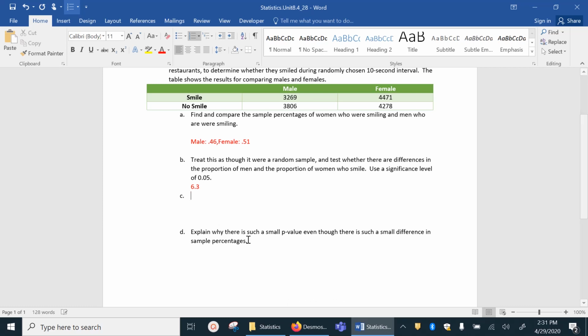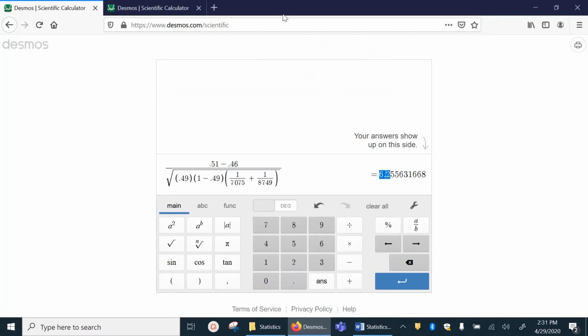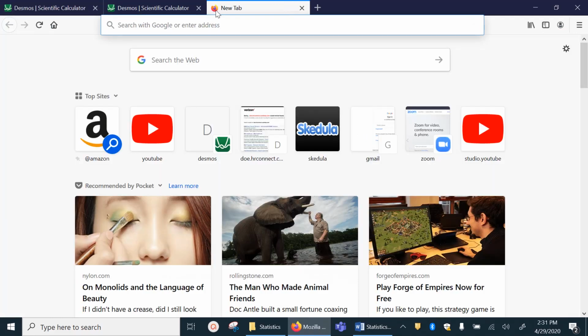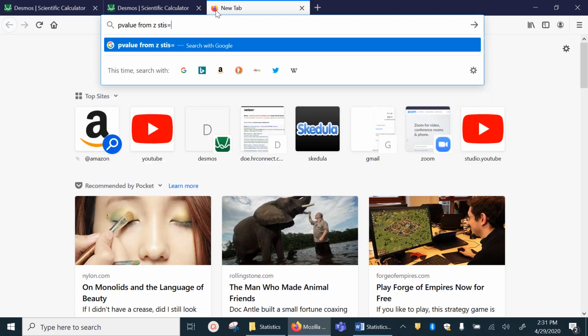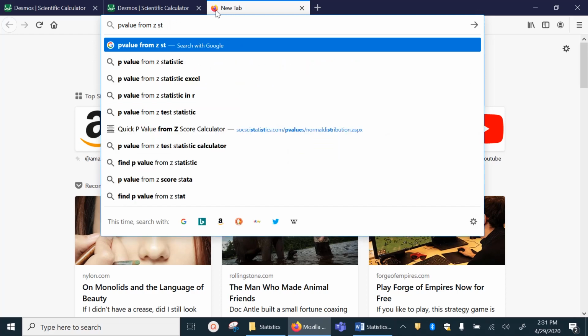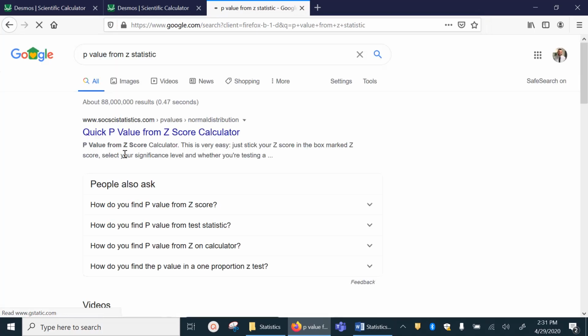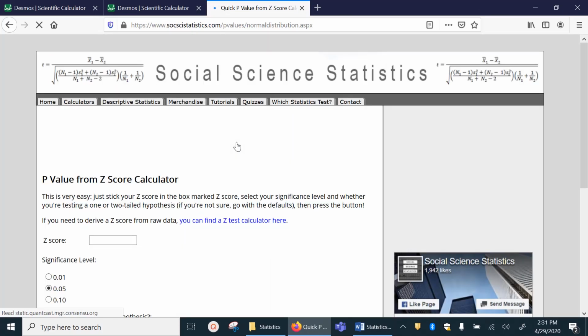And our p-value, they want us to look up the p-value. All you have to do for that is just say p-value from Z statistic. Quick p-value from a Z-score calculator.